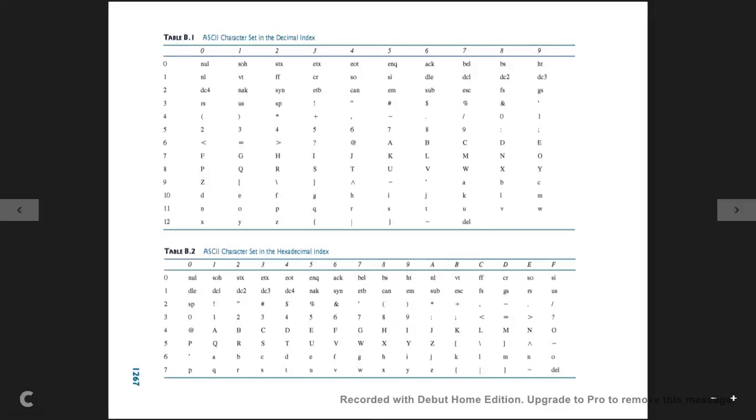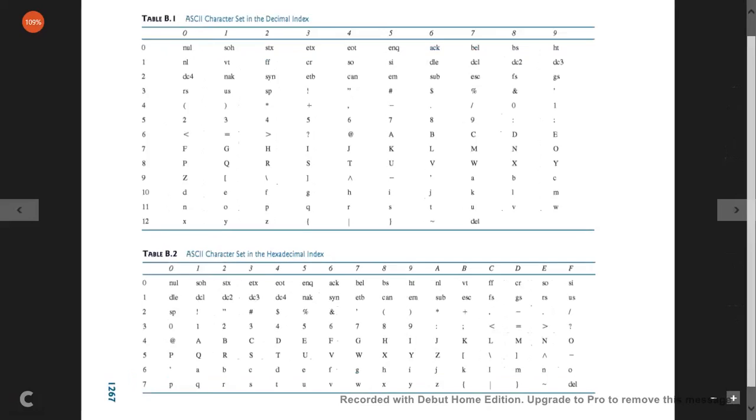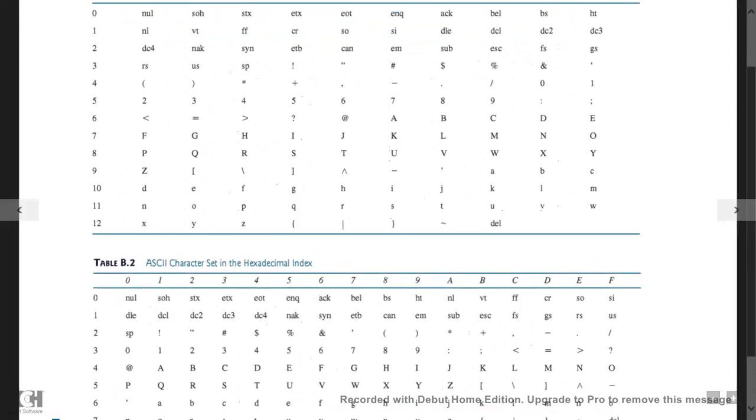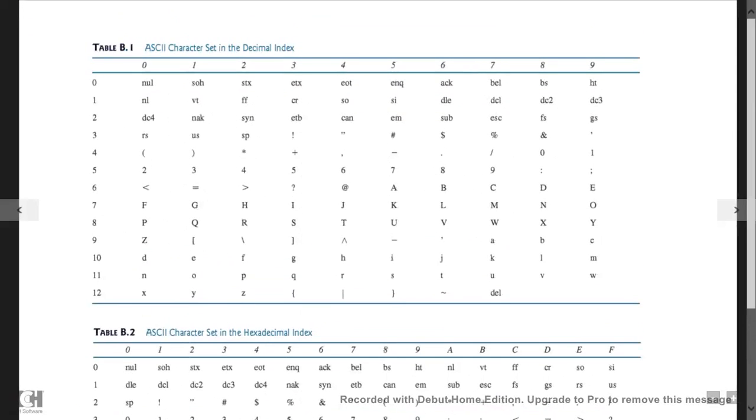1290. Basically we're looking for the characters we want to display. It seems like it's going to be this one here. The way you read this table is you read your row number and then your column number.